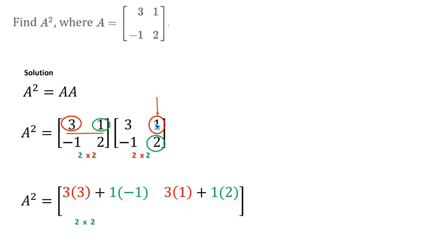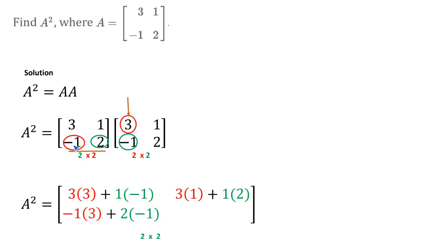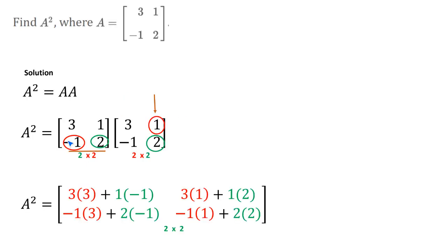So 3 times 1 is right here, and then 1 times 2, which would be here. We don't have any more columns, so now we're going to go to the second row. So I'm going to underline it for you. So now we're going to have negative 1 times 3 will be down here, 2 times negative 1, and then I go to the next column. So negative 1 times 1 and 2 times 2.